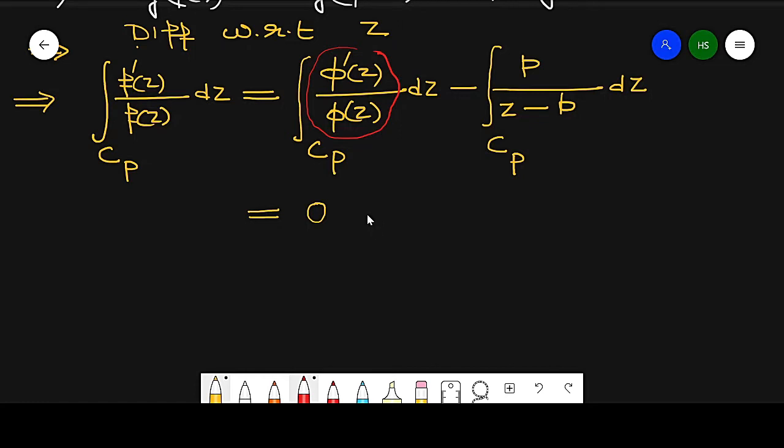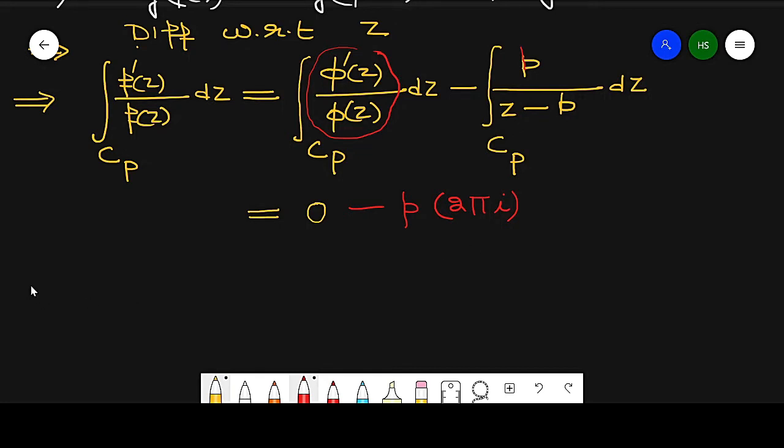Now what is this? This is minus p. Now what is the integration of dz by z minus b? This is equal to 2 pi iota, so we know that. So this is 2 pi iota into minus p. So we get these values.